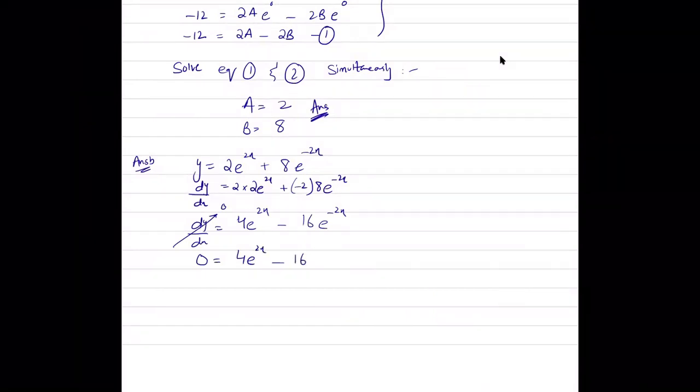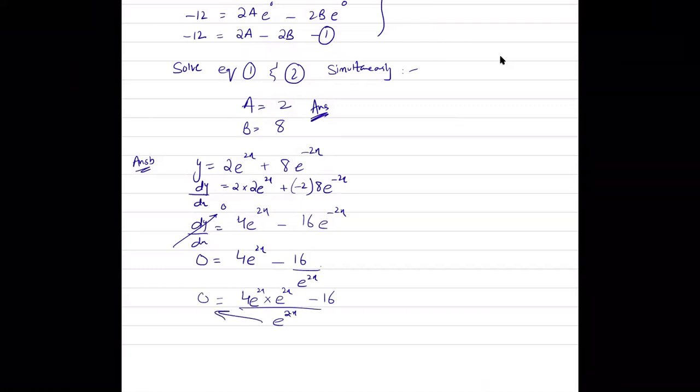I can take e to the power of negative 2x and write it as e to the power of 2x in the denominator. If you make the denominators common, you're going to get 4e to the power of 2x times e to the power of 2x minus 16 upon e to the power of 2x equals 0.